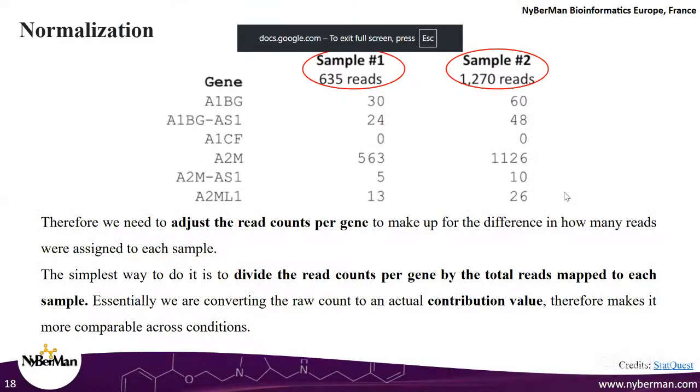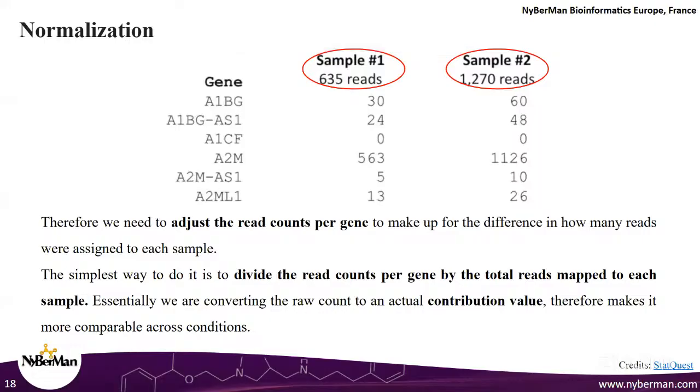As you can see over here, there are two samples, sample 1 and sample 2, having two different numbers of reads. So, after trimming, if the number of reads are equal or nearly equal, do we still need normalization? Okay, so your question is, if the total number of reads are equal, does there need to be normalization?